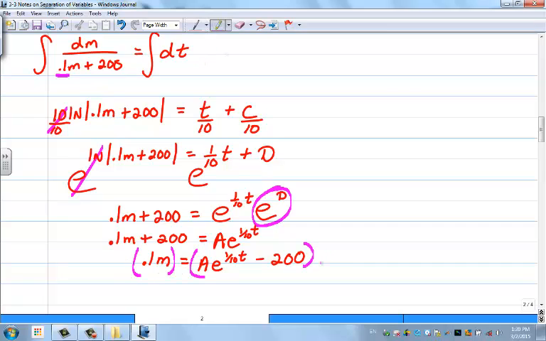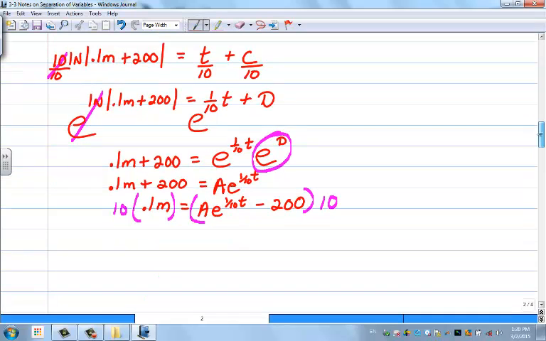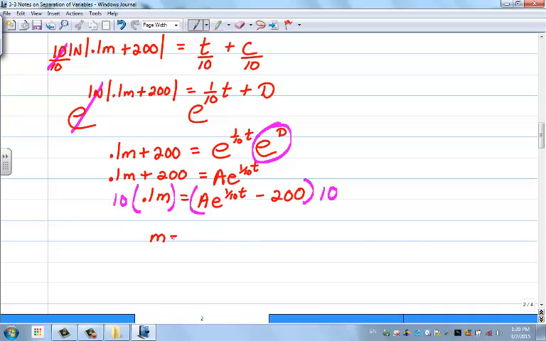Both sides by 10. 10 times 0.1 gives you 1 in front of your m, so you get m equals, now when you multiply a by 10, you got to change it to a new constant, so change it to b. So we'll say b e to the 1/10 t minus 2,000 when you multiply the 200 by 10.